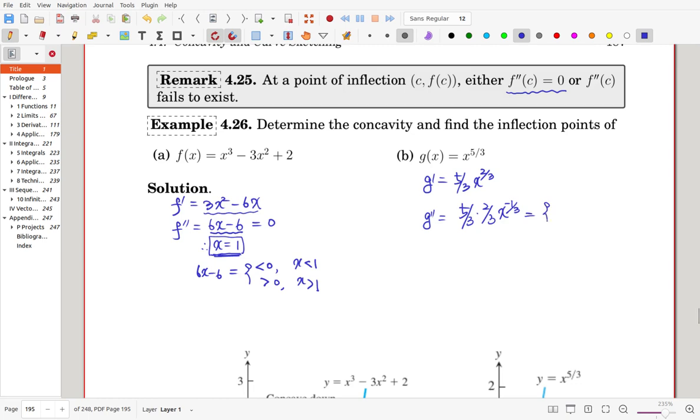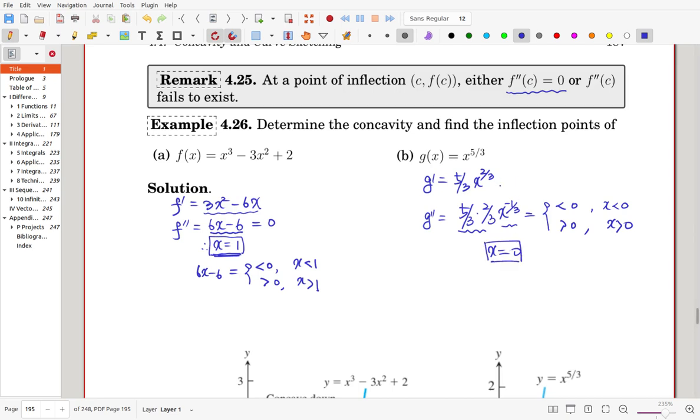If x is negative, then the third power will be negative, and its reciprocal is also negative. Once x is positive, then that must be positive, so at 0 the concavity changes.